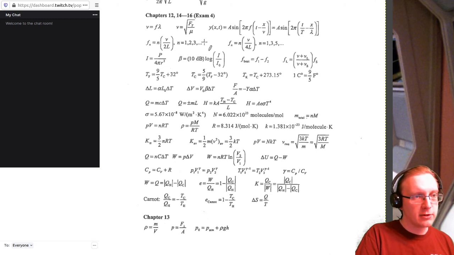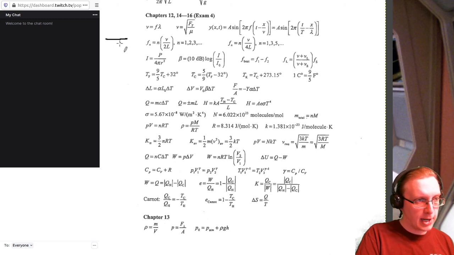We have, these are the frequencies for a standing wave. This one here is for, let's see, make sure it's right.